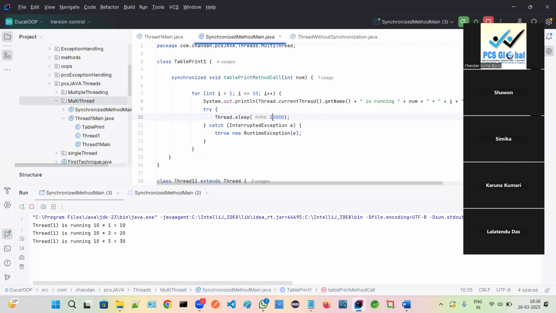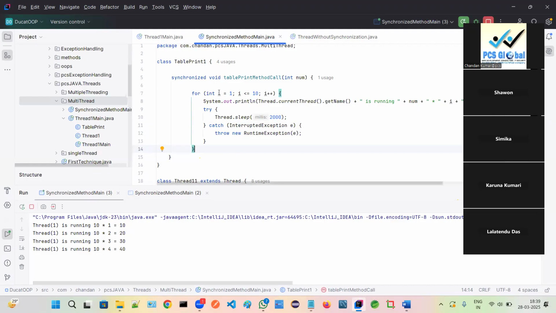So this is what synchronization, synchronized method, and synchronized block we have already practiced, right? So this is all about synchronization. Why are we using synchronization? To achieve data consistency. Earlier we had data inconsistency. Why?